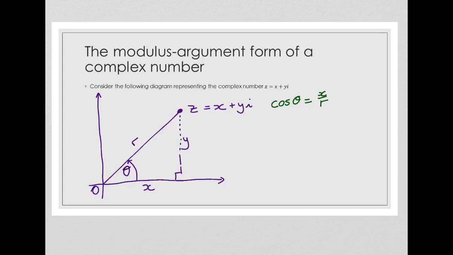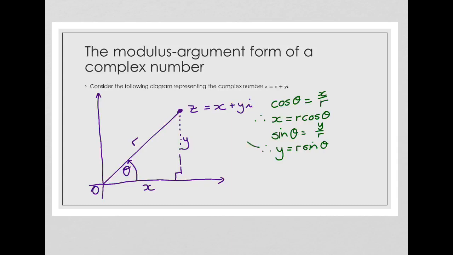And solving for x from this, we get that x is equal to r cos theta. In the same way, we know that sine theta is y over r. Solving for y from this, we get y is equal to r sine theta.